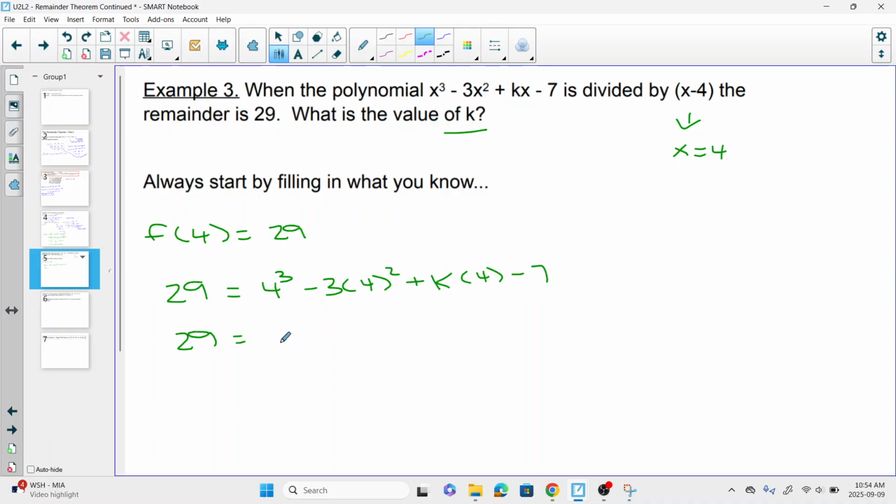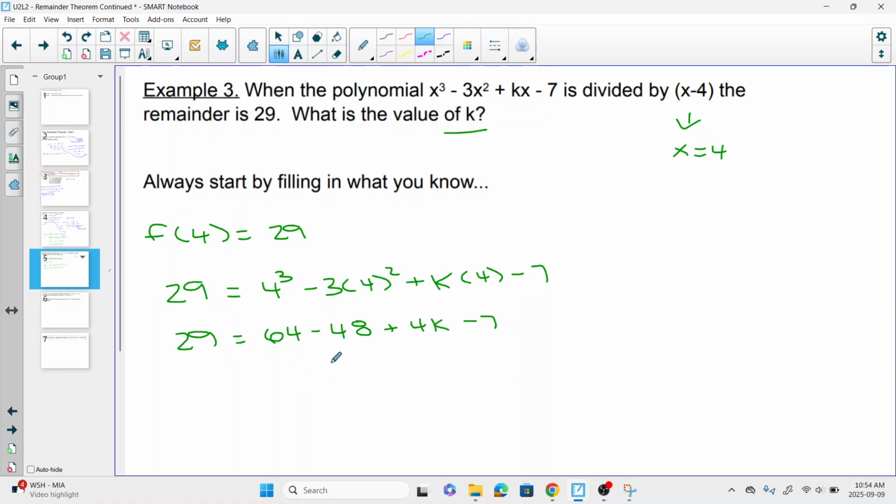4 cubed is 64. 4 squared is 16 times negative 3 is negative 48. I'm going to rewrite these because we like our coefficient to be in front of our variable, plus 4k minus 7.